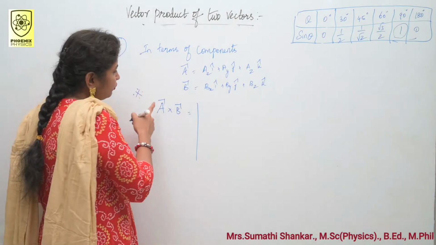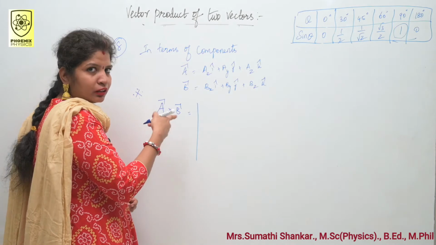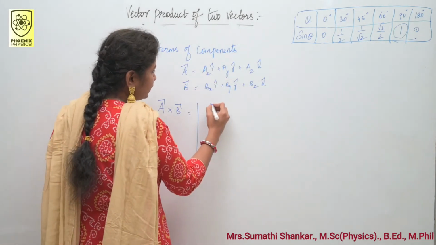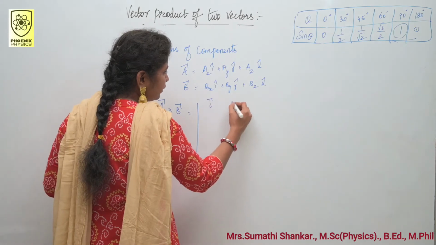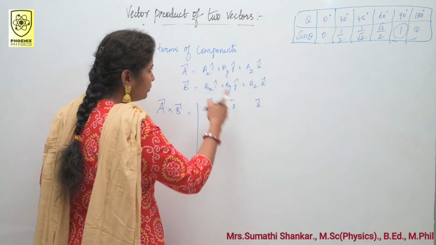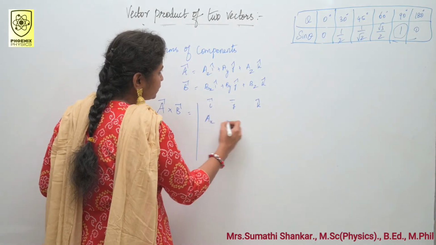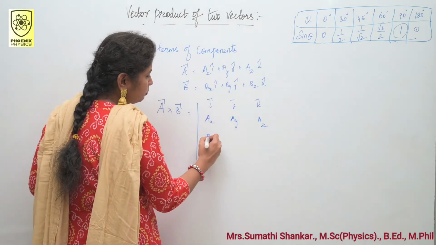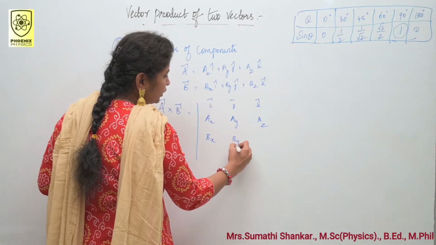We have used this property in the problem also. So A cross B, you write like this: i vector, j vector, then k vector. First you write the A components, that is Ax, Ay, Az. Then you write the B components, Bx, By, then Bz.